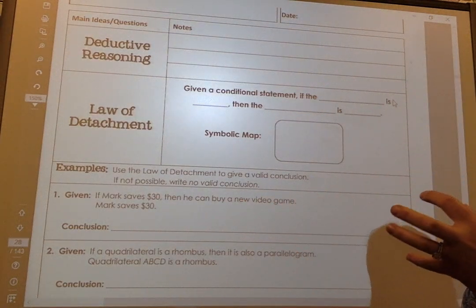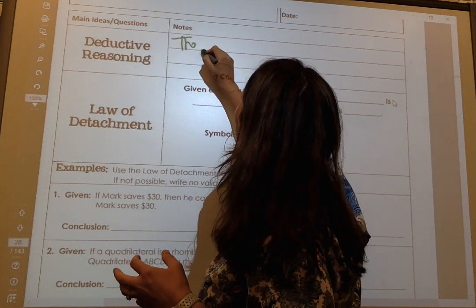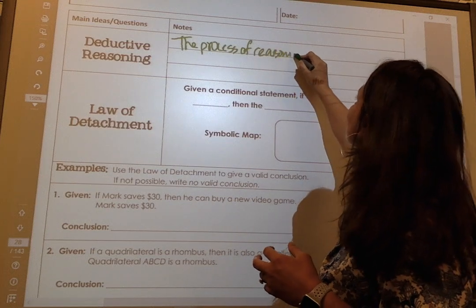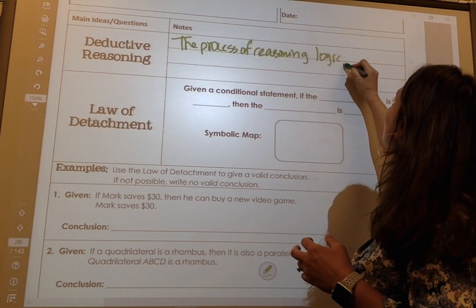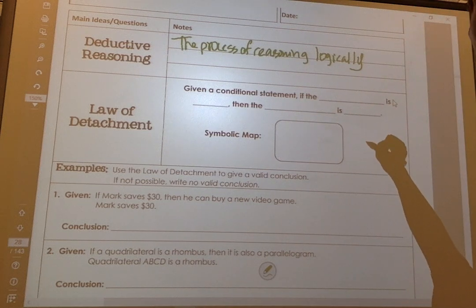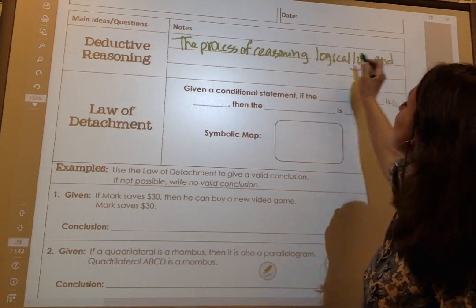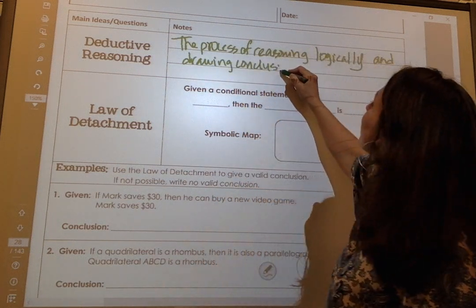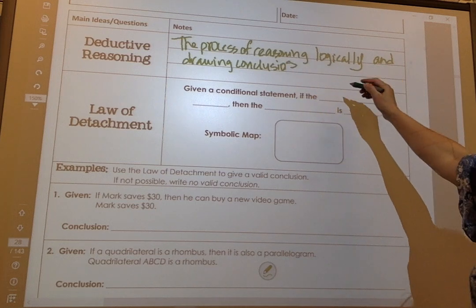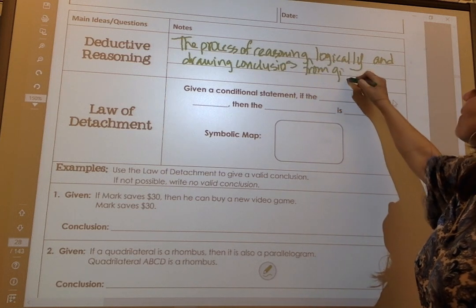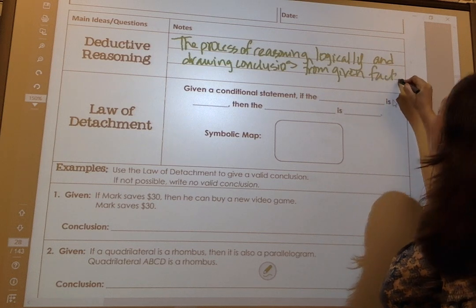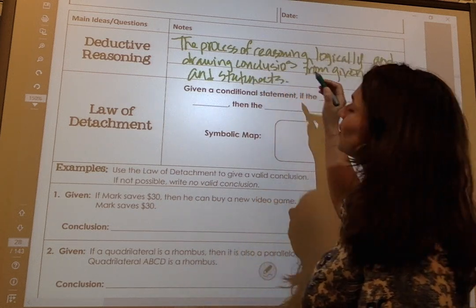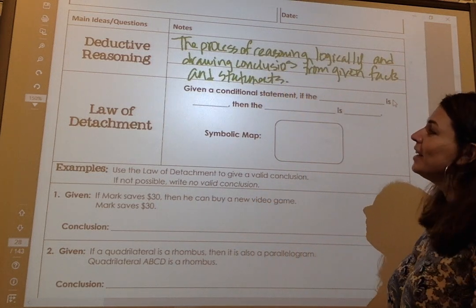Deductive reasoning is the process of reasoning logically and drawing conclusions from given facts and statements. So we do this all the time in life. So let's look at this.